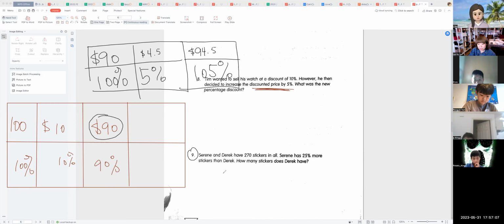So Serene has 25% more stickers than Derek.